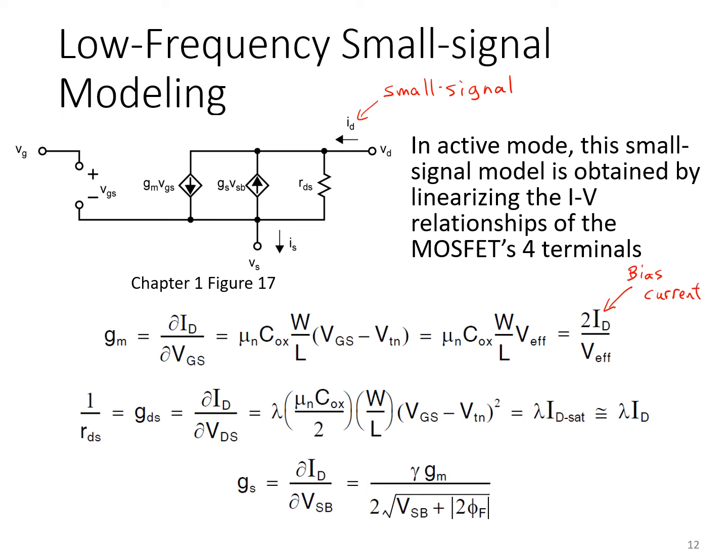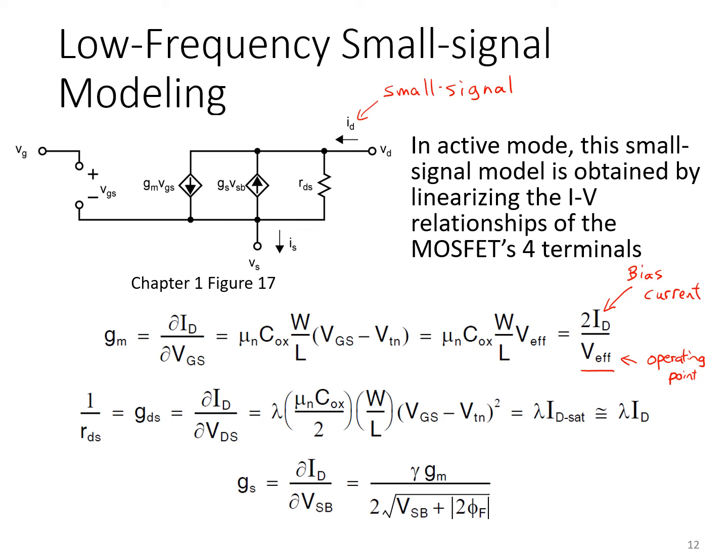That is the operating point around which we're performing the small signal analysis. Same goes for the value of V effective here. That is the operating point overdrive voltage. Just a reminder of that.